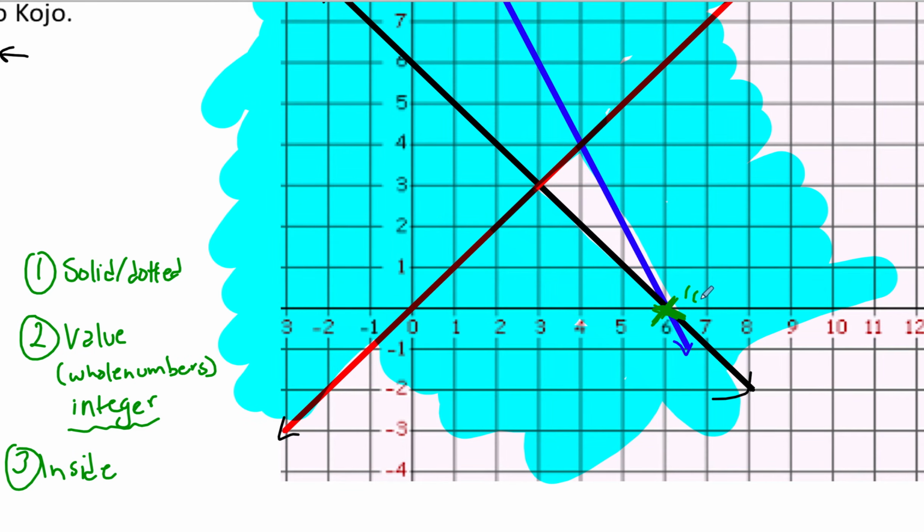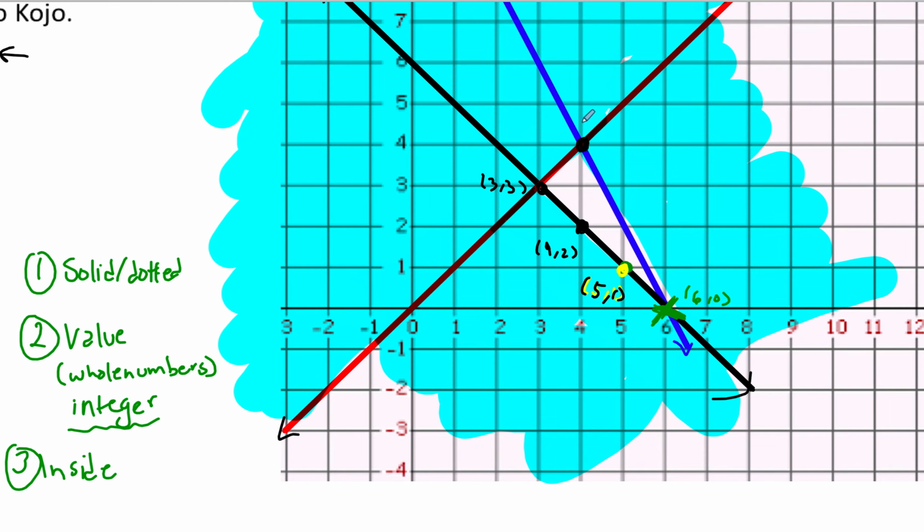So I have 6, 0 is an option. I have 5, 1. I have 4, 2. I have 3, 3.